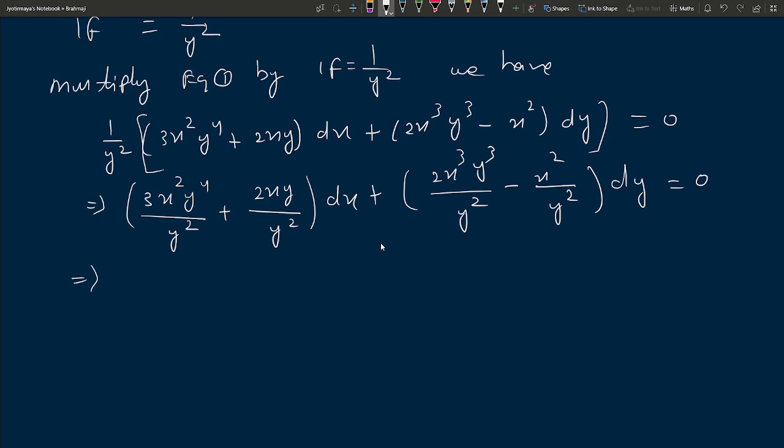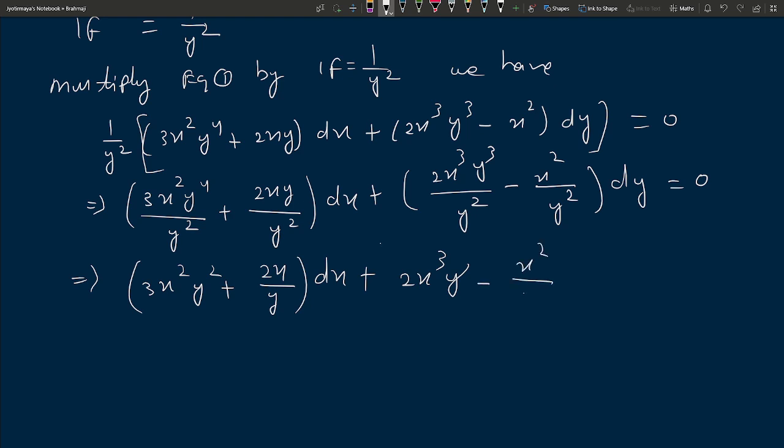Now y square cancels: (3x square y square plus 2x/y) dx plus (2x cube y minus x square/y square) dy is equal to 0.